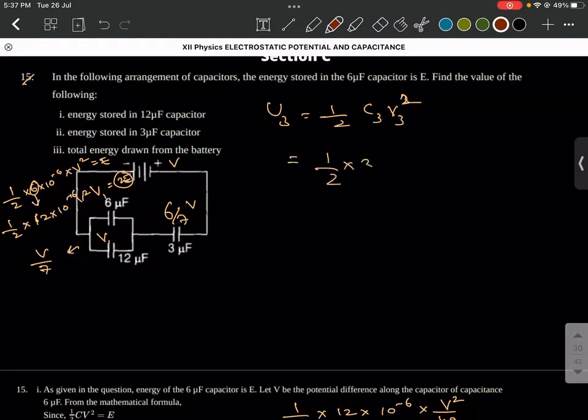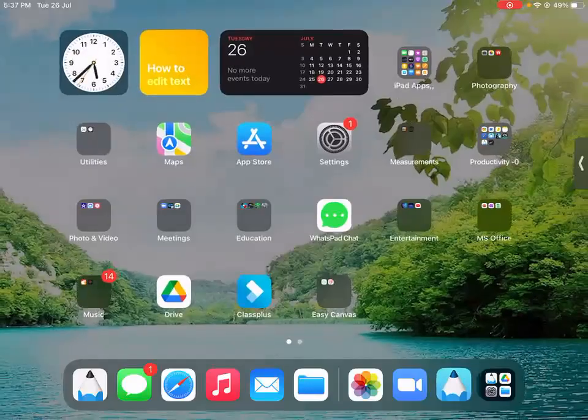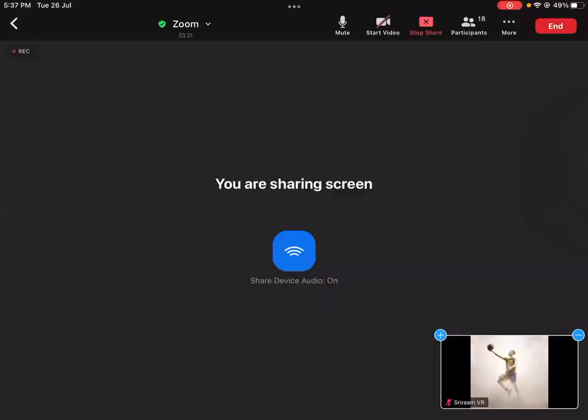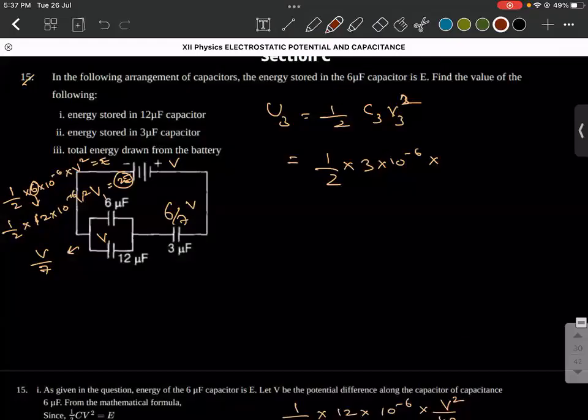So half into C3, which is 3 into 10 power minus 6, into V3 square. V3 square is 36 divided by 49 into V square. But what is V square?